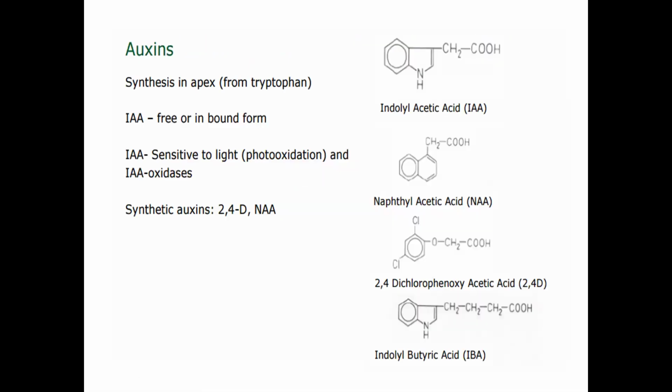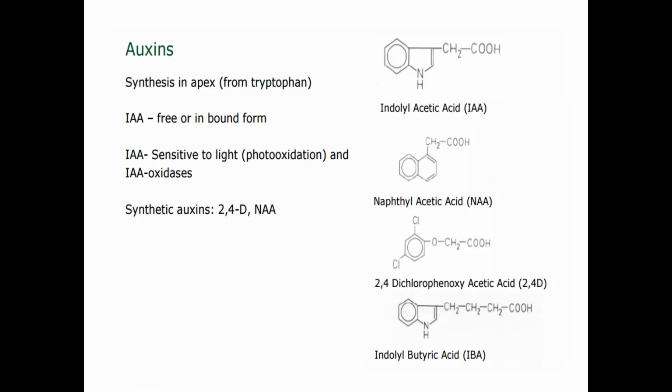Here is the chemical structure of auxin, like indole acetic acid, commercially available in the market, naphthalene acetic acid. These are the auxins. Auxin is a group of growth regulators. All these are auxins.